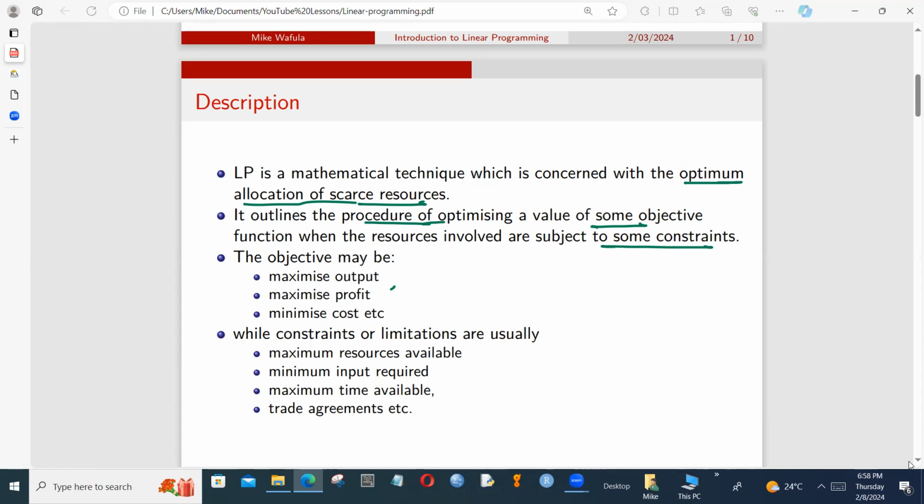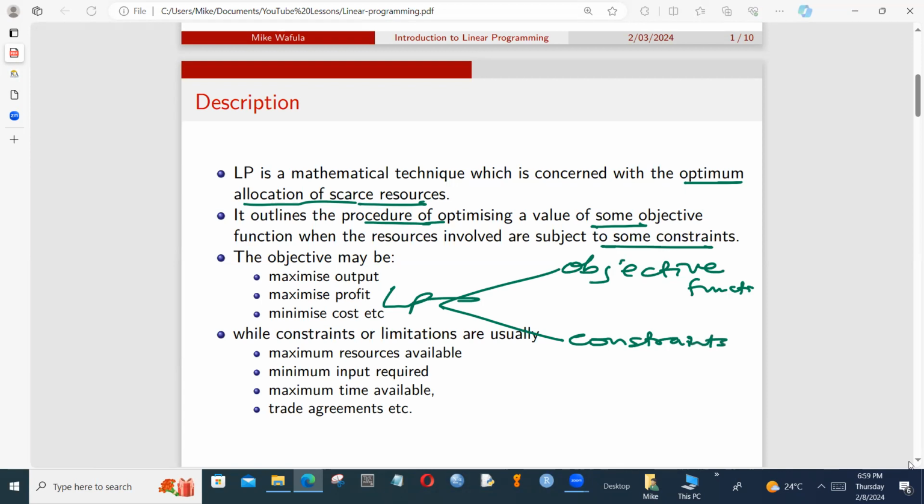Basically, the structure of a linear programming problem from this definition consists of two major components. So we are talking of an objective function as one of the major components in a linear programming problem, and the other one is constraints. These two components are so key in linear programming, and we need to understand them.